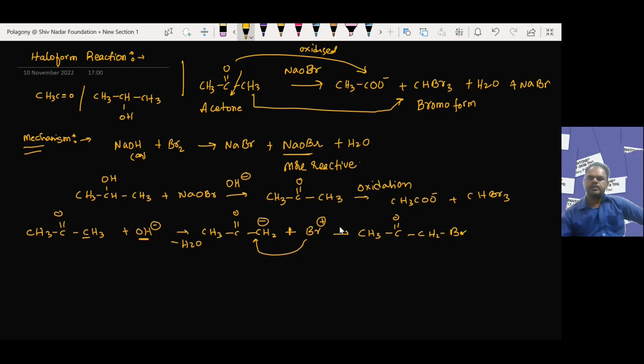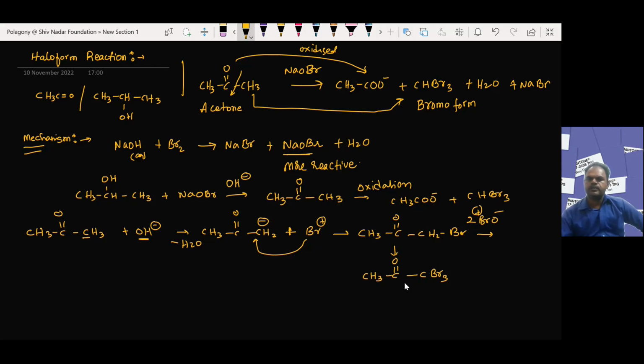In a similar manner, in the presence of one more BrO minus, which has a bromine plus charge, electrophilic substitution takes place twice here. Two hydrogen atoms are replaced by Br. Then it can transform into CH3C=O CBr3, formed by electrophilic substitution reaction.